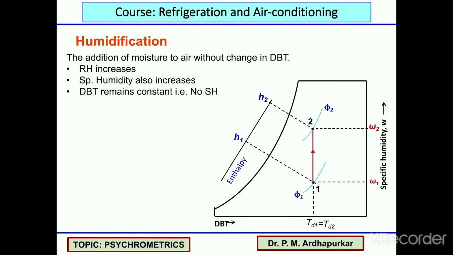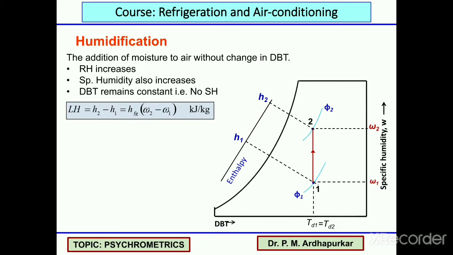When you are supposed to add the water vapor into air, that means water must get evaporated. So, the latent heat is required to evaporate the water, and that way there is an addition of latent heat to this air, and therefore, because of this latent heat, H1 is increased to H2. The enthalpy of air from the inlet condition to the outlet condition is increased.